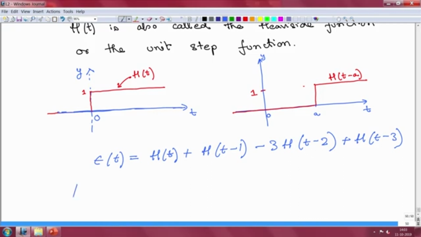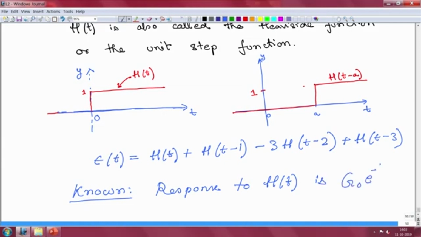And what is known is that the response to h(t) is your G naught e to the power minus t by lambda, right.